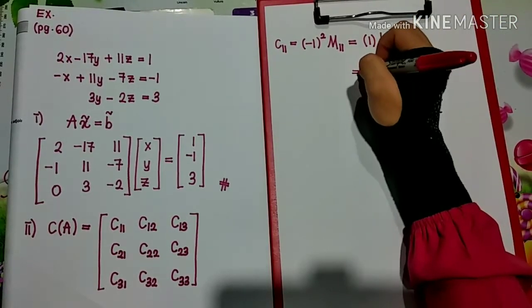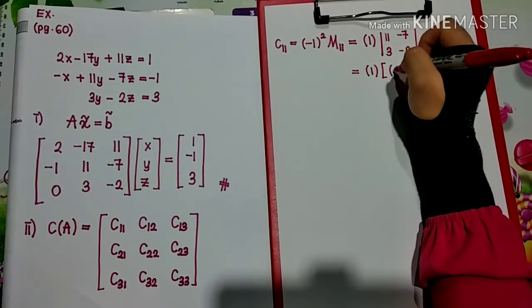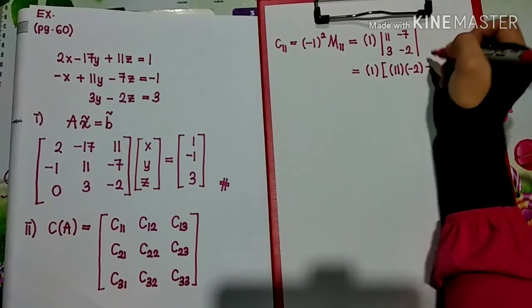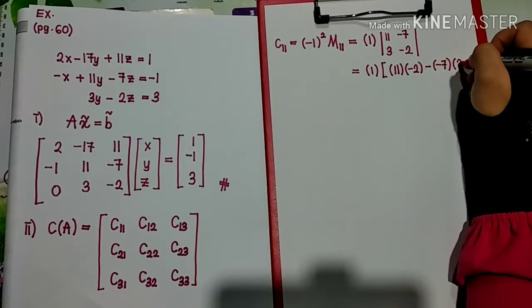And then you solve for this: 11 multiplied by negative 2, minus negative 7 multiplied by 3.